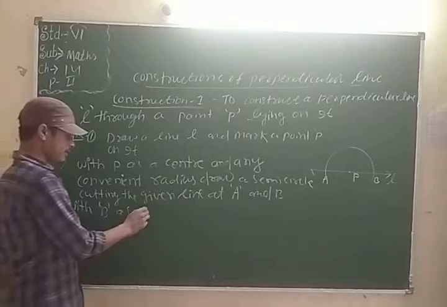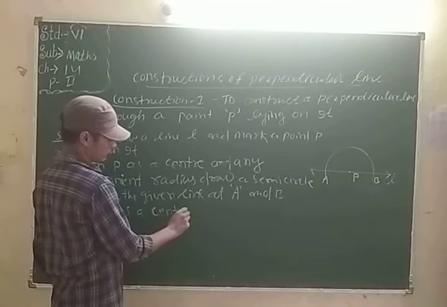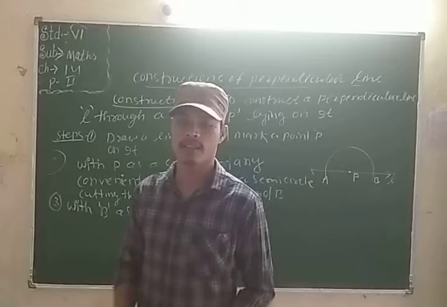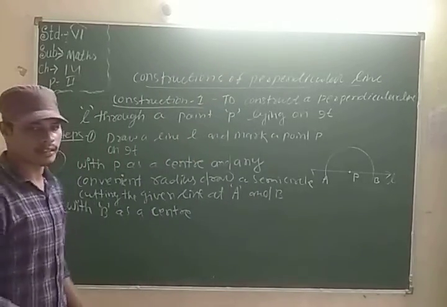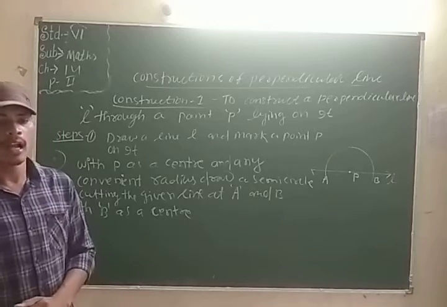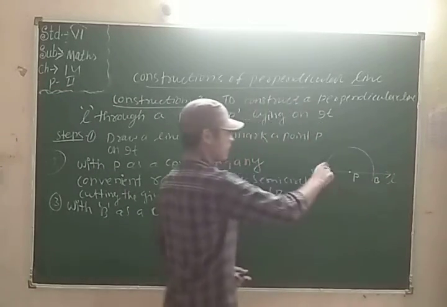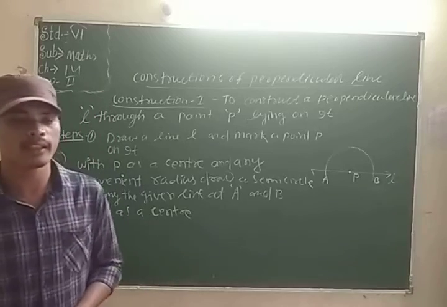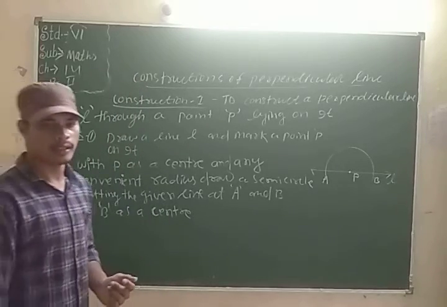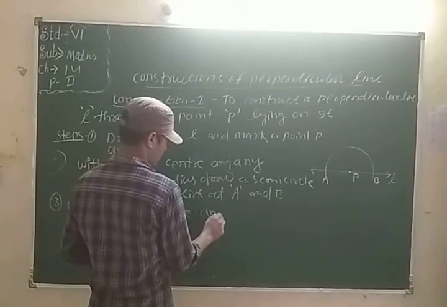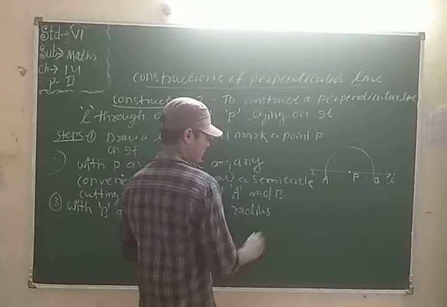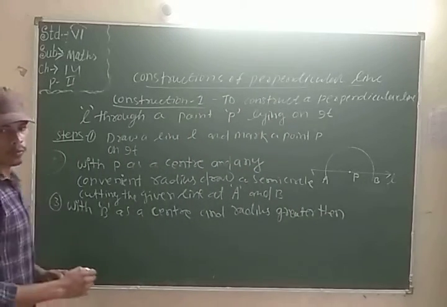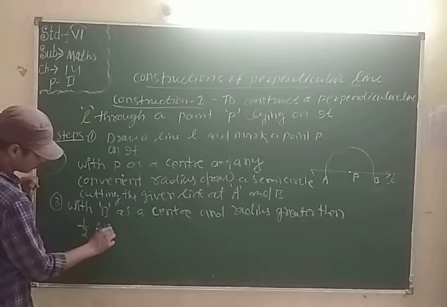First we took P as a center, now we take B as a center, and then A as a center, with a radius greater than half of AB.